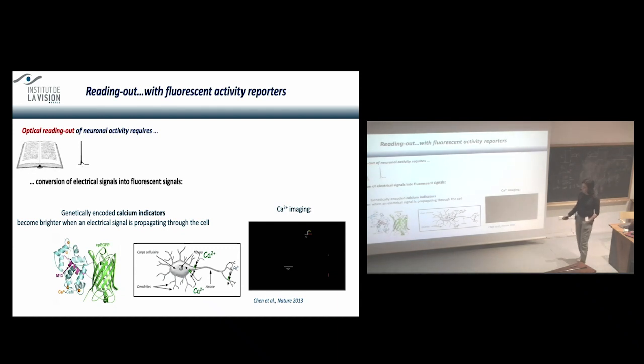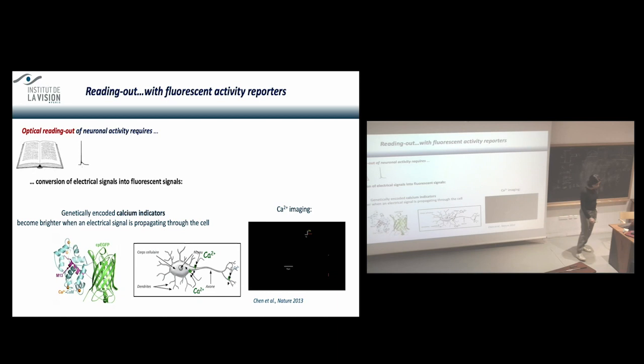And so now if you can put those proteins in the cell, and we will see how later on, each time you have an electrical signal propagating, you will see that the fluorescent signal becomes brighter.